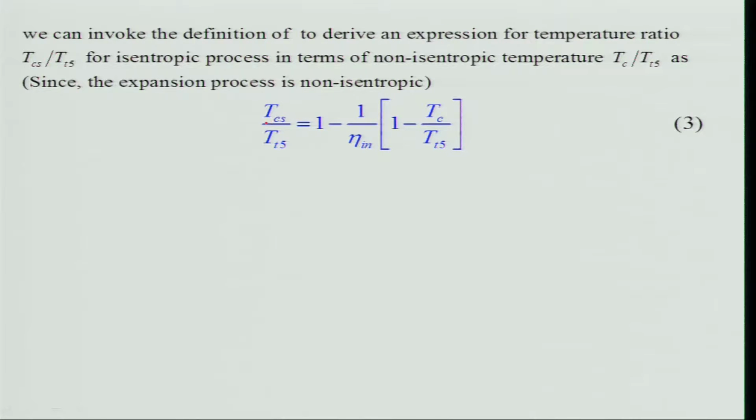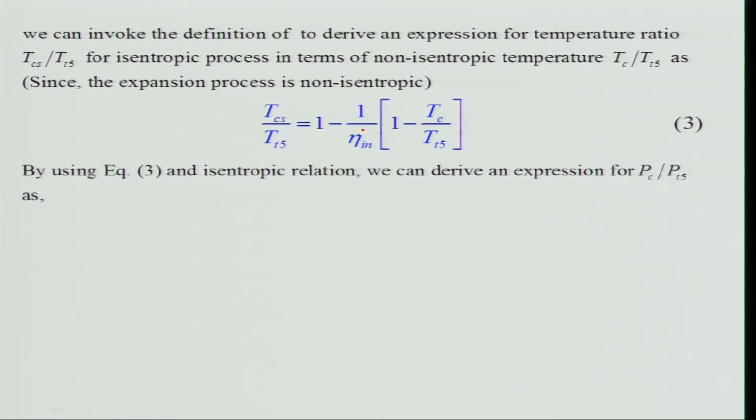For example, T t s by T t 5 is equal to, we can write, 1 minus eta n times 1 minus T c divided by T t 5. This is basically coming from the definition of eta n, the isentropic efficiency.